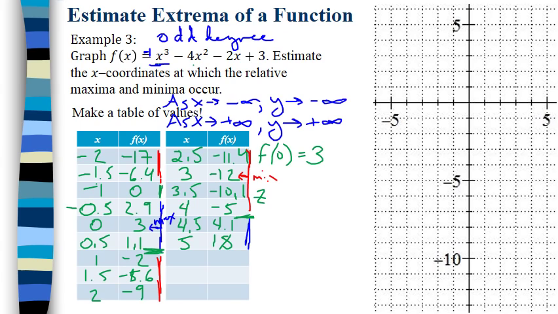So according to our graph, it looks like we have zeros at x equals -1, and then we have a 0 between x equals 0 and 1, and we have another 0 between x equals 4 and 5.